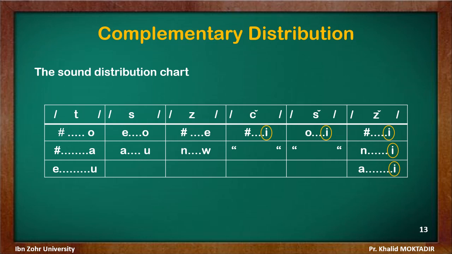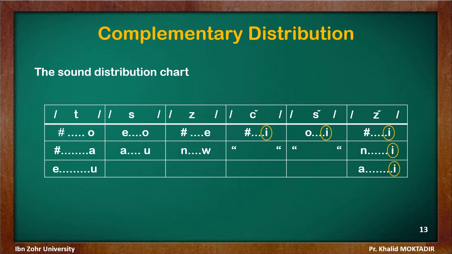Now, of course, it's quite obvious to see that the first variants, that's t, s, and z, occur in a variety of contexts, while the palato-alveolar variants, that's ch, sh, and j, occur in one single environment.